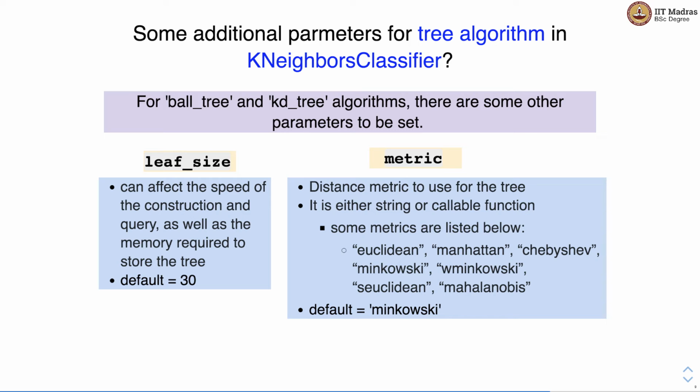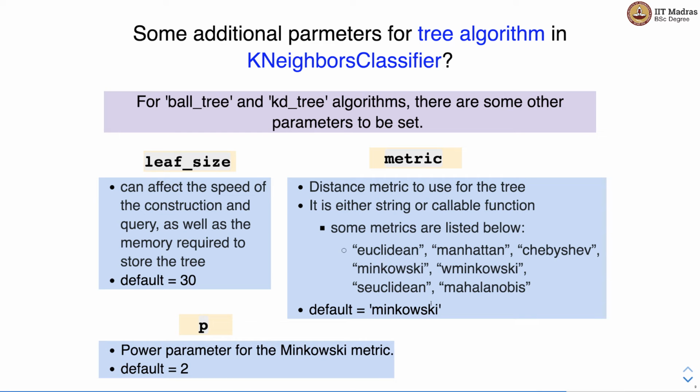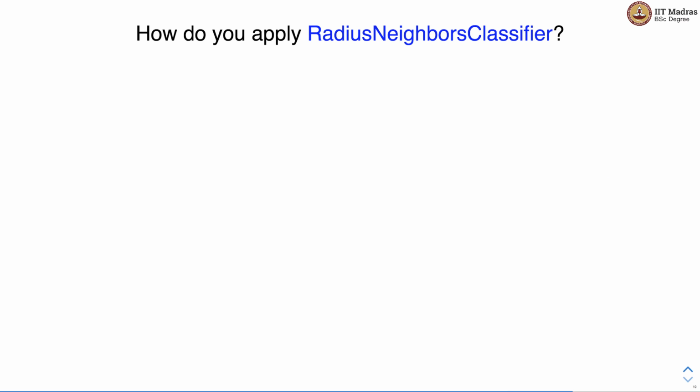It is either a string or a callable function. There are a few options available here, which are Euclidean, Manhattan, Chebyshev, Minkowski, Mahalanobis, etc. The default one is Minkowski with the power parameter p set to 2. So that was about KNeighbors Classifier.